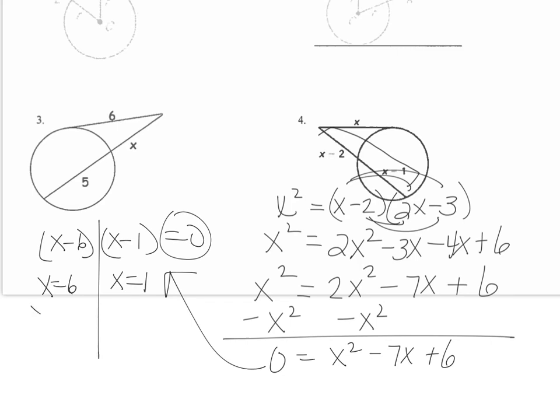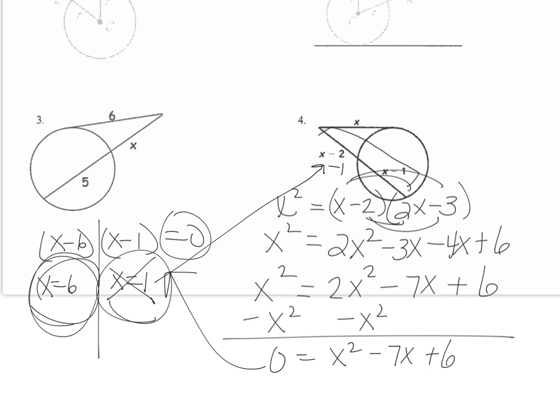You with me? Looking at these two answers, none of them right now seem illogical because they're both positive. But what happens if I plug in 1 to this piece over here? I'm going to have 1 minus 2, which makes negative 1. Does that make sense? No. So x can't equal 1, so x has to equal 6.